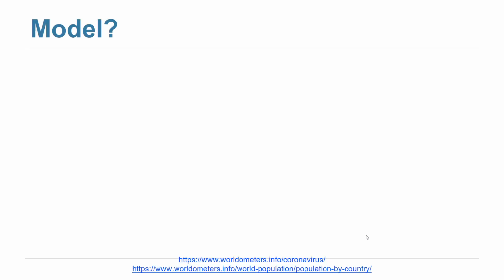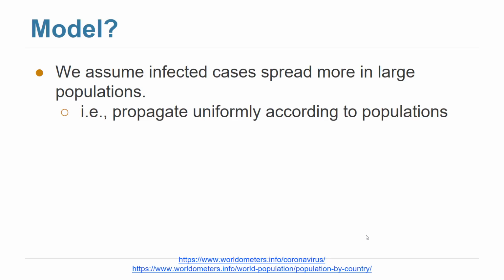So the model is that we assume that infected cases spread more in large populations. If a country has a large population, then the infected cases will be more. Which means that the virus propagates uniformly according to populations.